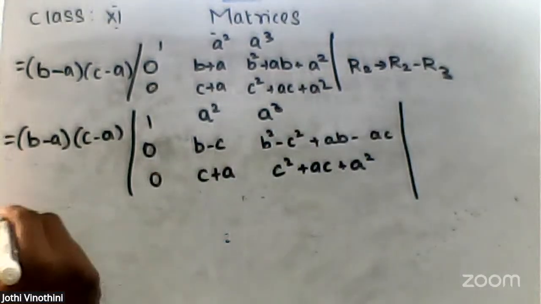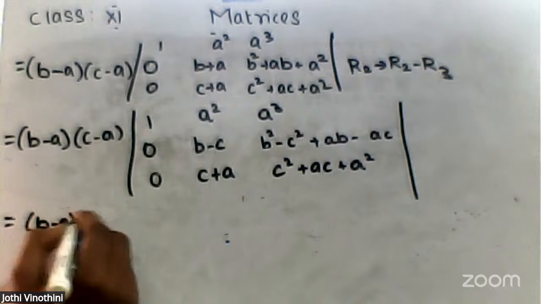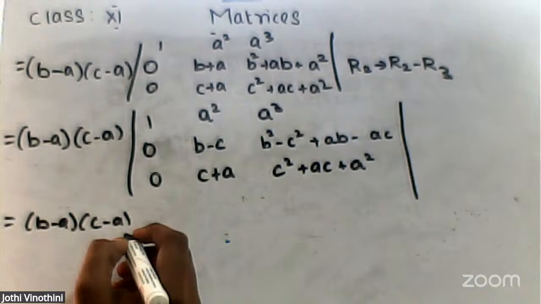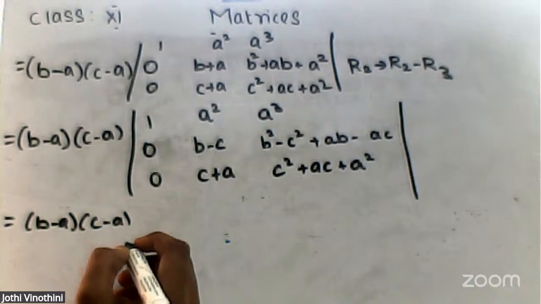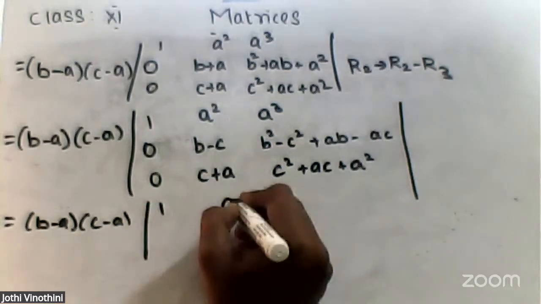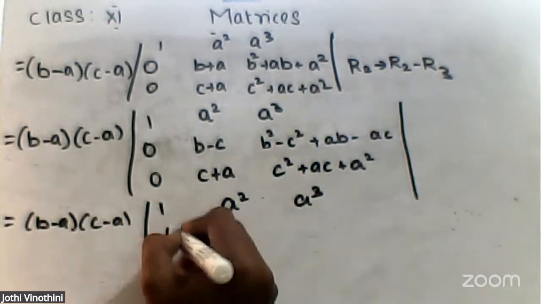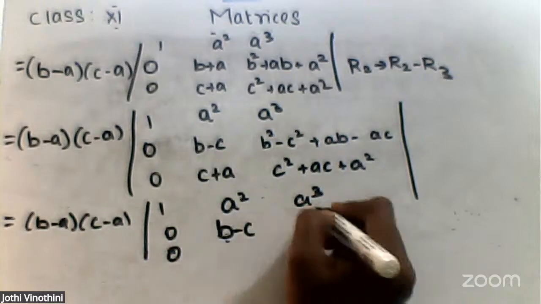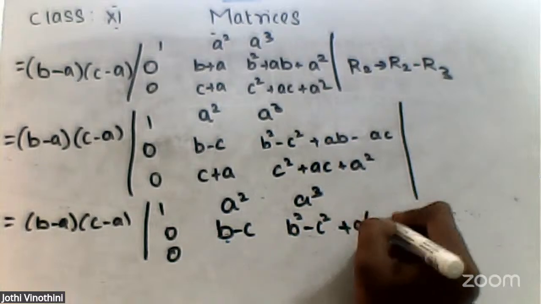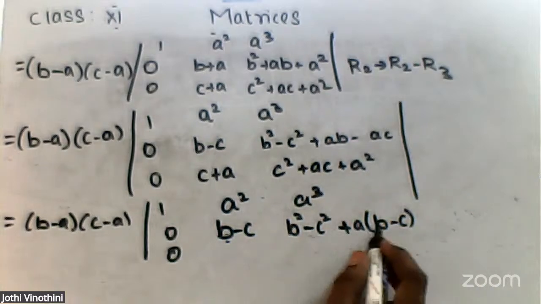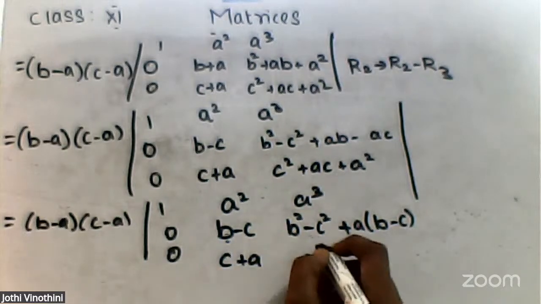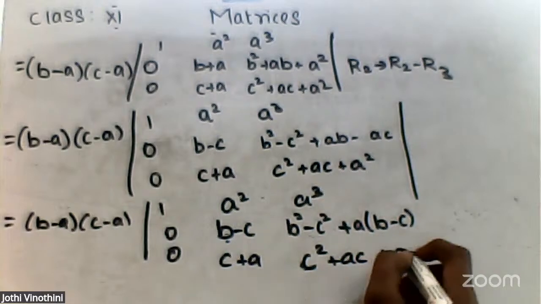So it will become B minus A, C minus A, and 1, A squared, A cube, 0, 0, B minus C, B squared minus C squared plus AB minus AC. I'm taking A as common, so it will become B minus C. Here it will be C plus A, C squared plus AC plus A squared, right?